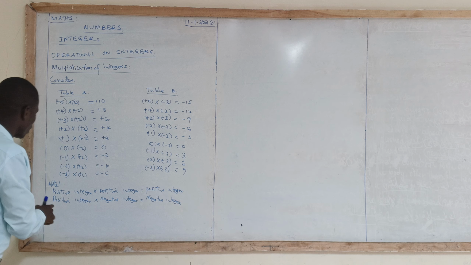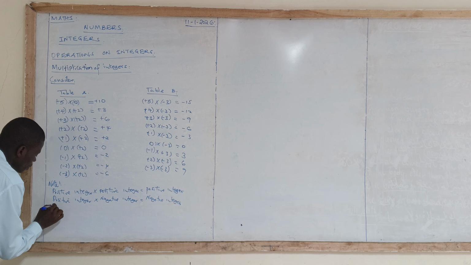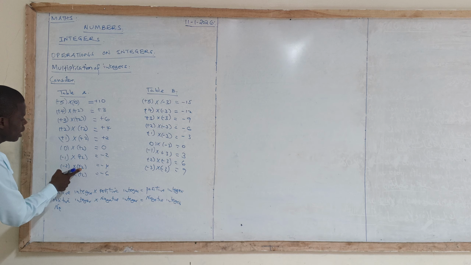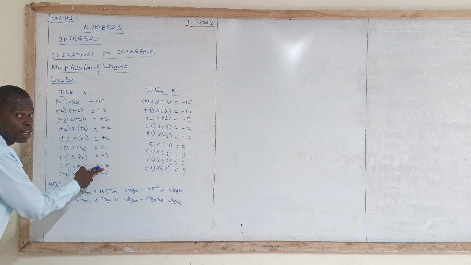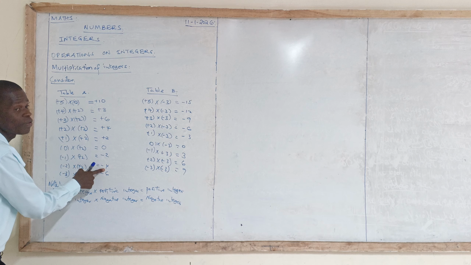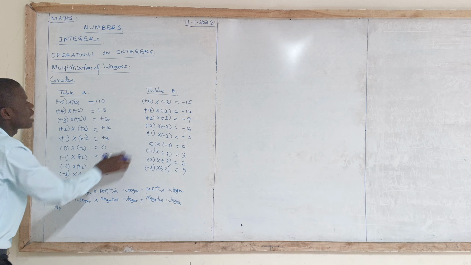If I start with the negative integer, negative integer times positive integer, we have negative integer. Negative integer multiplied by positive integer gives a negative integer, created by the pattern.